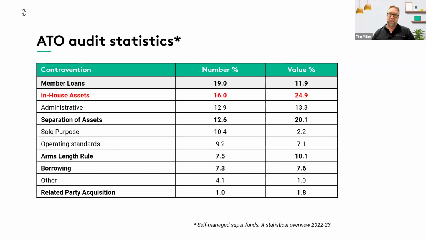There is clearly a link between loans and in-house assets, and I'll touch on that. But more importantly, basically a quarter of all breaches from a value percentage point of view are in-house asset breaches.